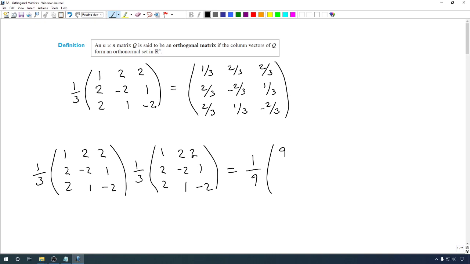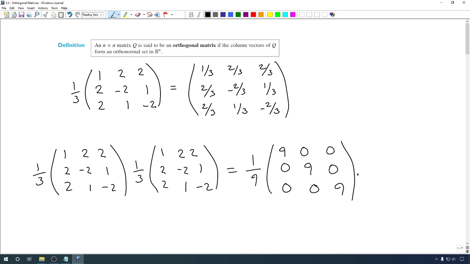Then we have 2 minus 4 plus 2. Well, 4 minus... we have 2 plus 2 minus 4, so those all cancel each other out. We can do the same thing with all the other ones. We'll get a 0 here, we'll get a 0 here, we'll get a 9 here, 0, 0, 0, and 9.